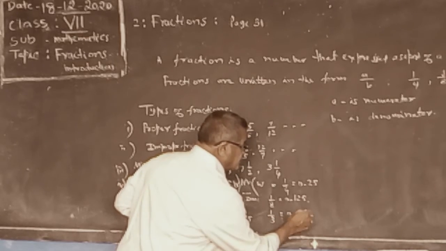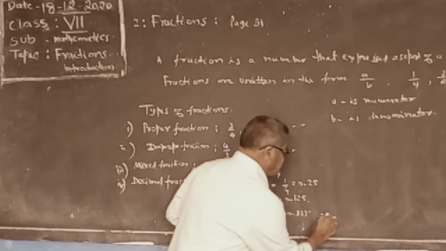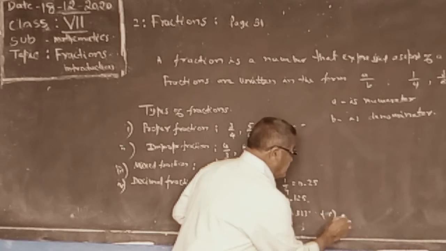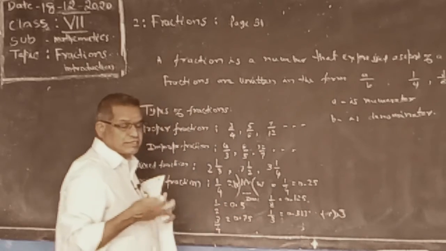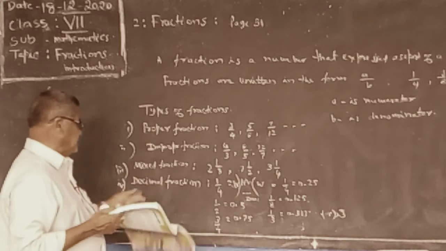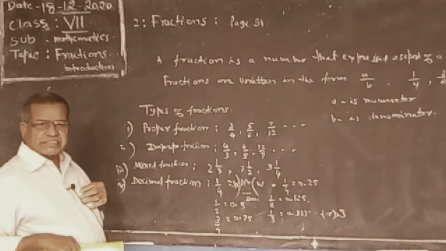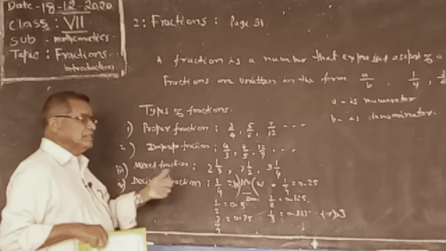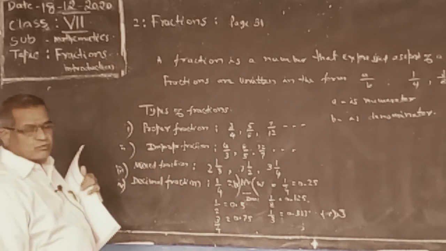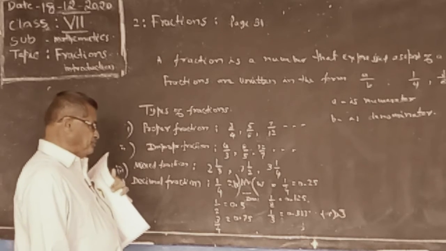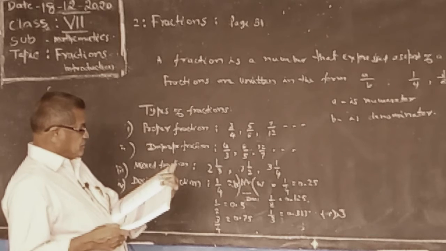We write 0.3 bar, always 3 is repeating. So every fraction can be expressed as a decimal fraction by dividing the numerator by the denominator.